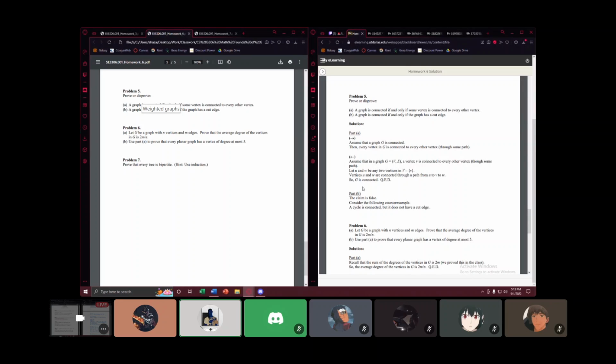The reason why I disproved it is because it says a graph is connected if and only if some vertex is connected to every other vertex. But in a connected graph, isn't it like a straight path, like a u-v walk? If that's a u-v walk, then each vertex is connected to the one before and the one after, not every single one of them.